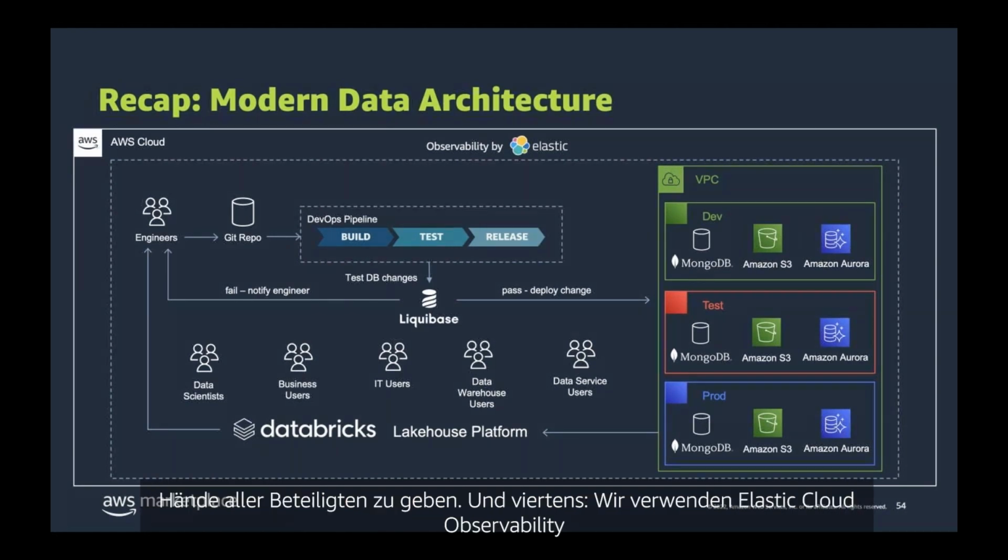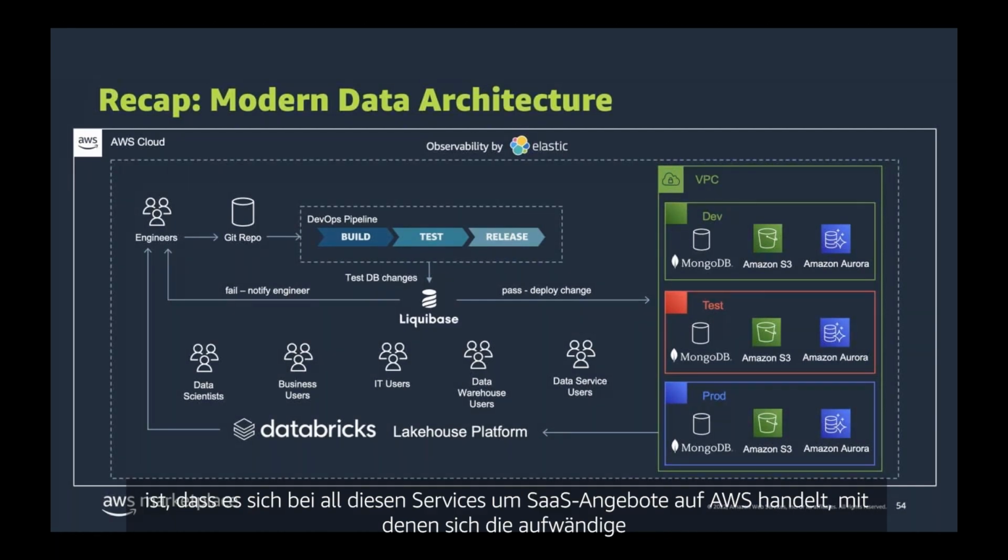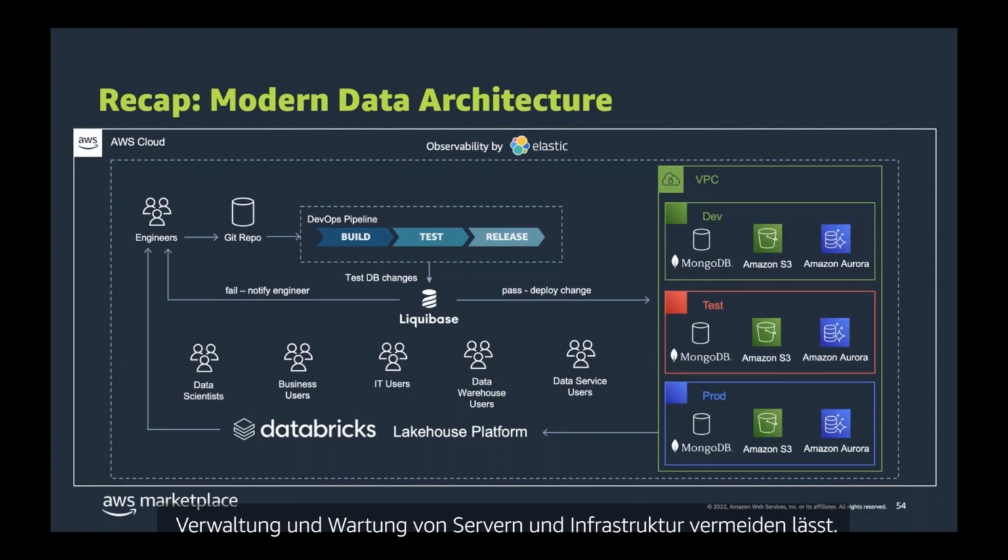And 4, we use Elastic Cloud Observability to bring together metrics, events, logs, and traces into one place to visualize and turn data into actions. The last point is that all these services are SaaS offerings on AWS to abstract away the heavy lifting of managing and maintaining servers and infrastructure.